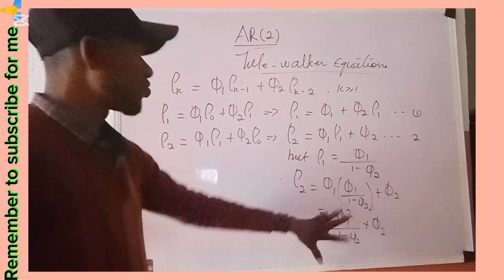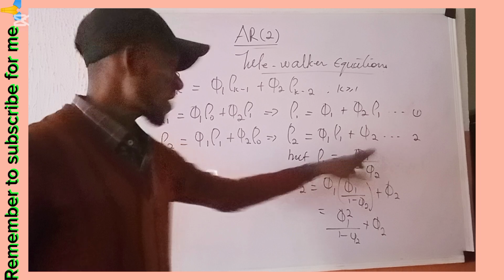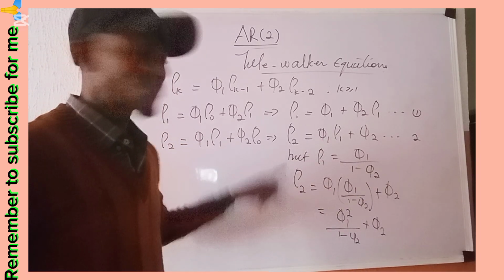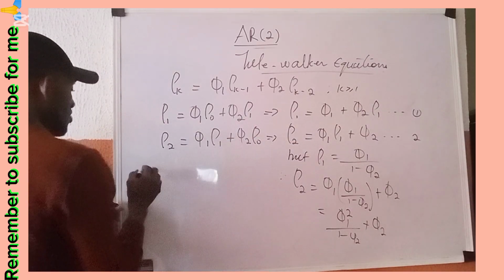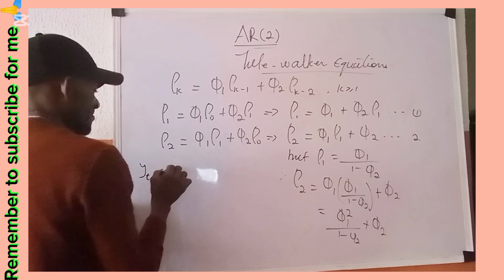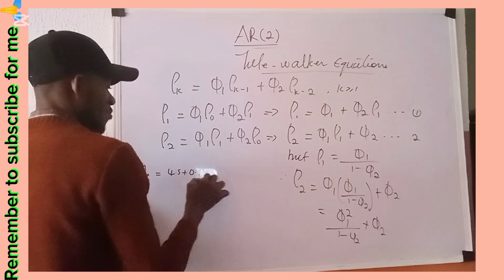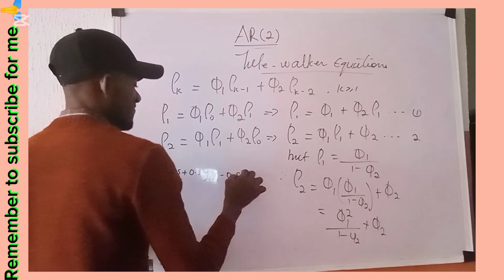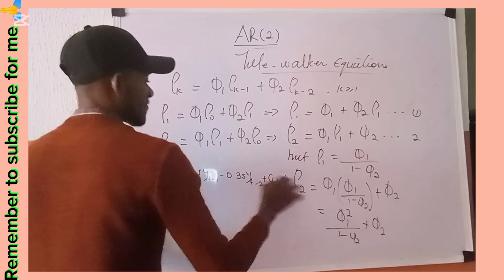So the moment you know the value of the parameters, you can easily get the values of the rho. Assuming somebody gives you something like this, y of t is given as, let me say, 4.5 plus 0.5 y of t minus 1 minus 0.35 y of t minus 2 plus a of t.